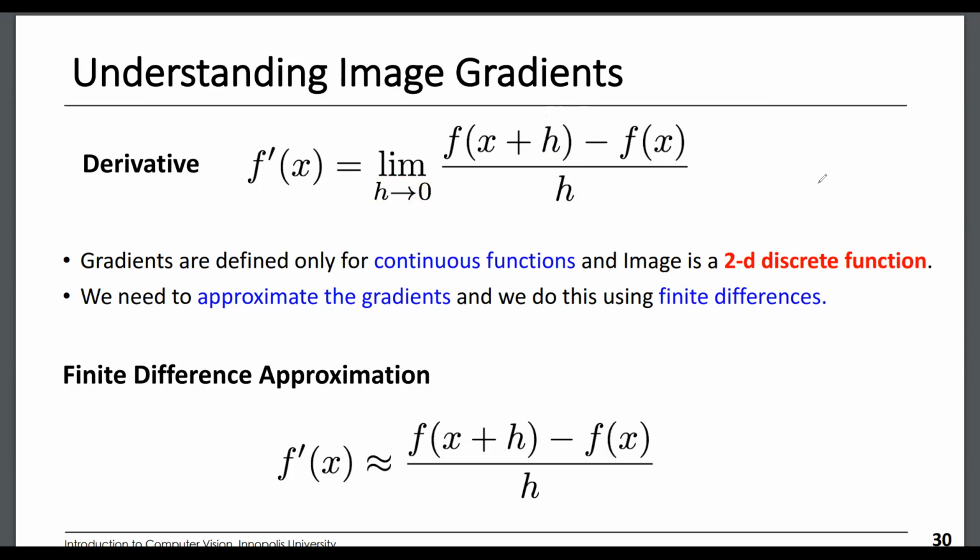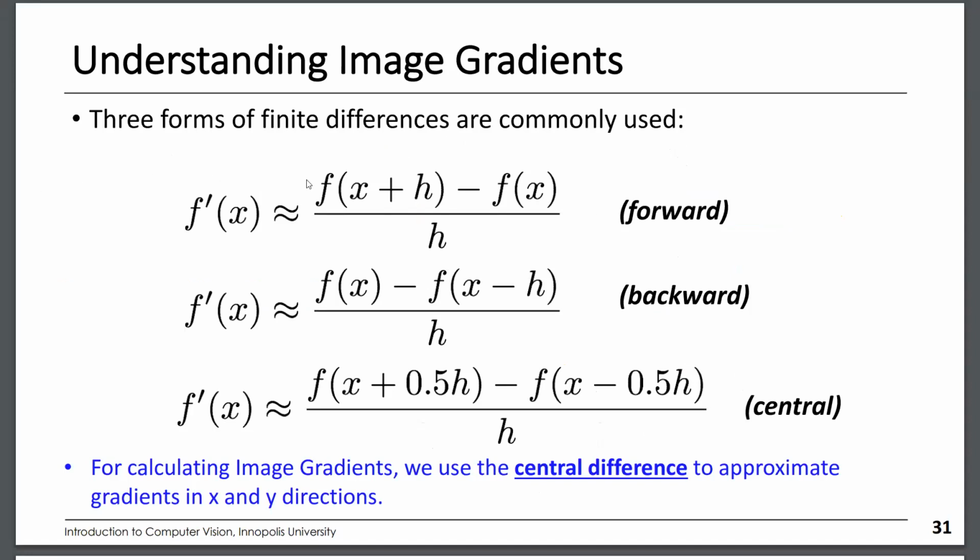If you say the value of the image at index 5, I can give you the value. But if you give me index 5 plus 0.0001, there is no such thing. So what we do is approximate this limit, but instead of giving h a value very close to 0, we give it a value equal to an integer, either 1, 2, 3, 4, something like this, but try to make it as small as possible, of course.